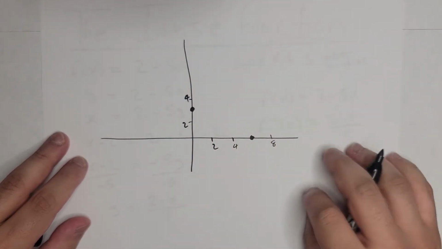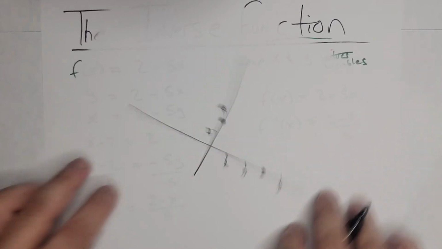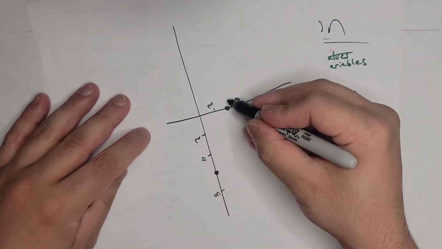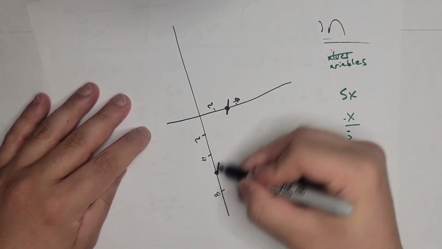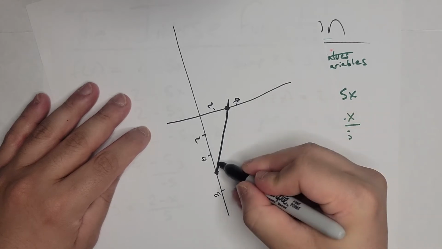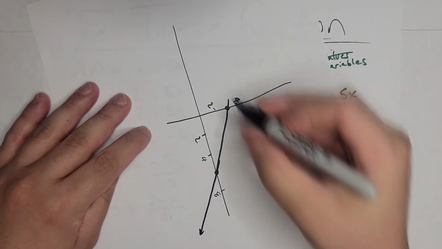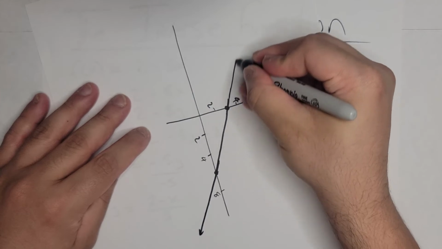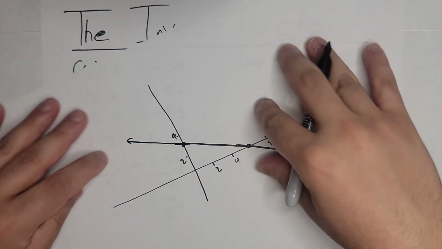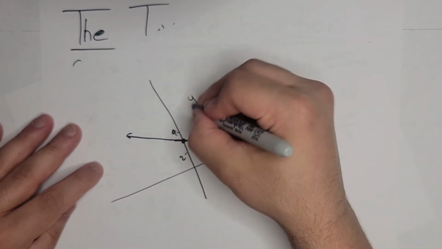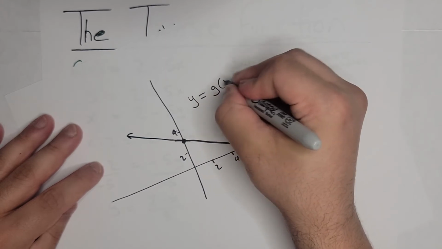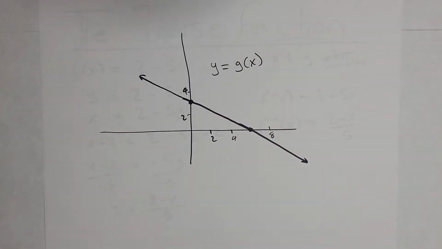Those are just intercept points. I'm gonna try to draw a line here. And this is going to be y equals g of x.